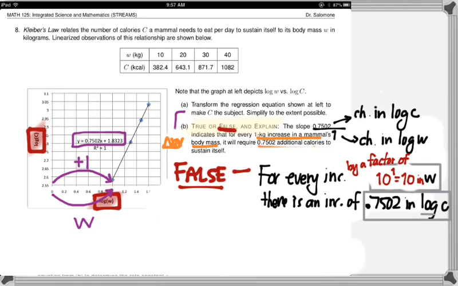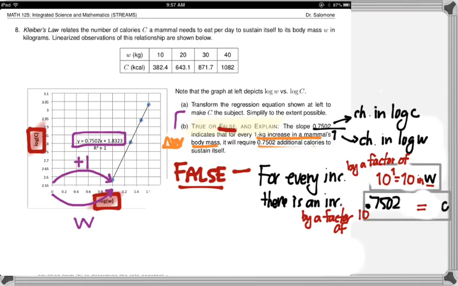Every time the body mass of an organism increases by a factor of 10, there is a corresponding increase in their calorie consumption, or their calorie production, if you like, by, again, make 10 the base here, 10 raised to the power 0.7502, and there is an increase by that factor in the calories consumed.